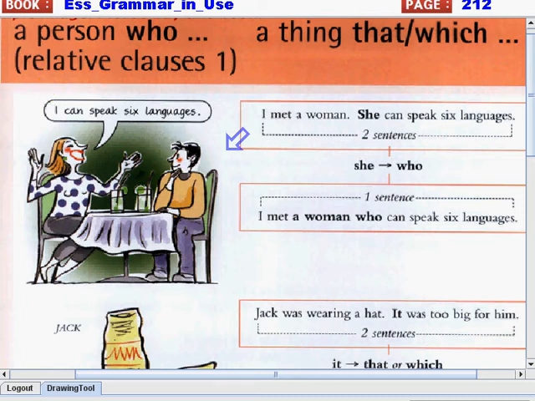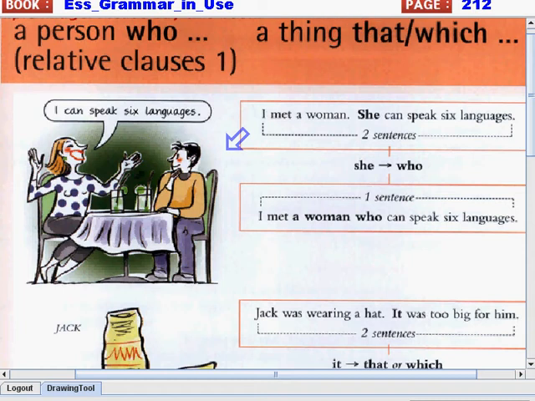First thing we have to do is to know what is a relative clause. Let me give you some examples of relative clause. A person who, a thing that, or a thing which. These are some examples of relative clauses. A relative clause is a dependent clause introduced by a relative pronoun.